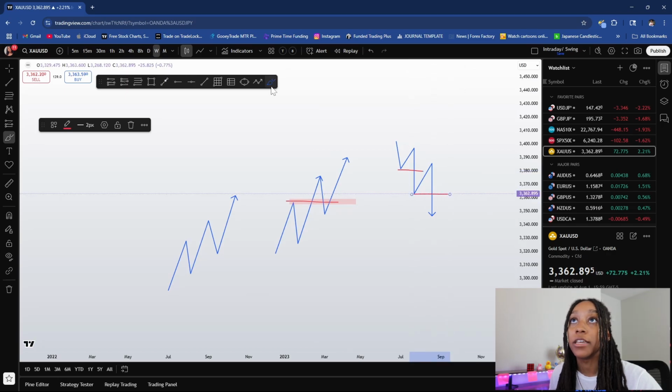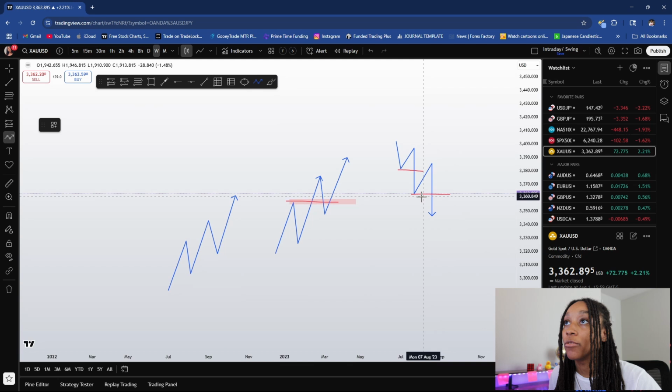If you want to look to get in for entry, you want to look for when price comes back around this area. You want to see it respect this zone. We're looking to get in here, and then we sell it out and hold it. So that's the simplest way I could explain market structure and break and retest.